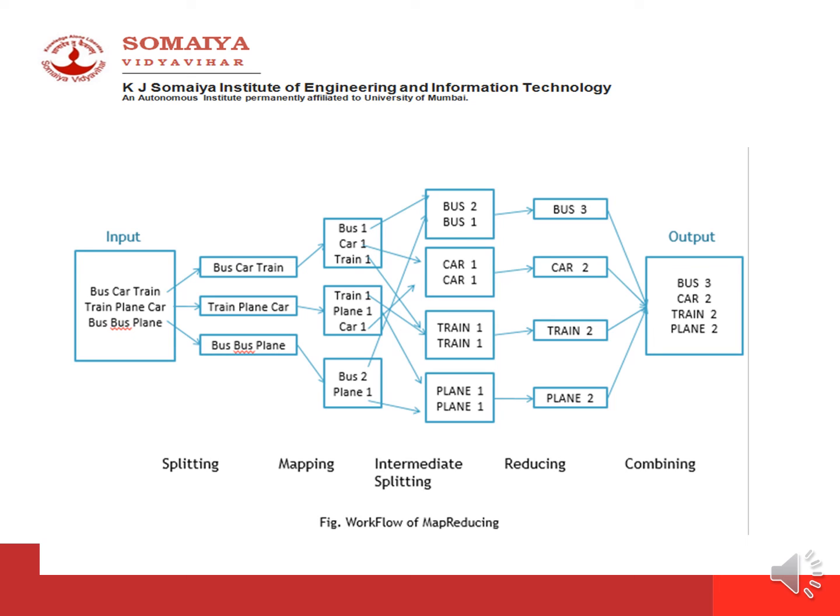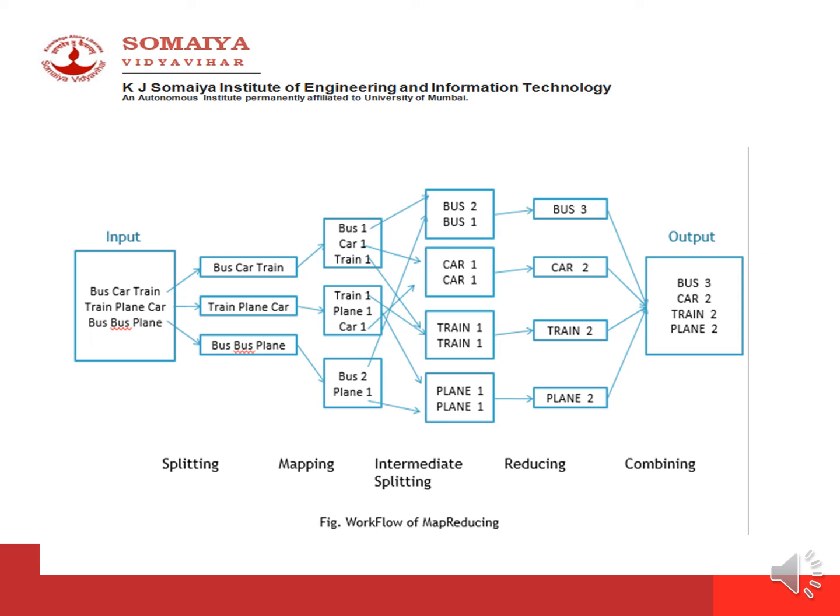Here the input is divided into three input splits, so we are using three different mappers. Now for each mapper, a key value pair is produced. Key is nothing but the word itself and value indicates the occurrence of that particular word. In the next phase, we combine similar words together. As can be seen here, in the first block we combine the bus word, in the second block the car word, in the third block train, and finally plane.